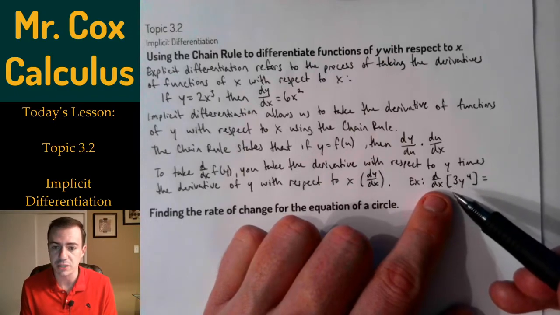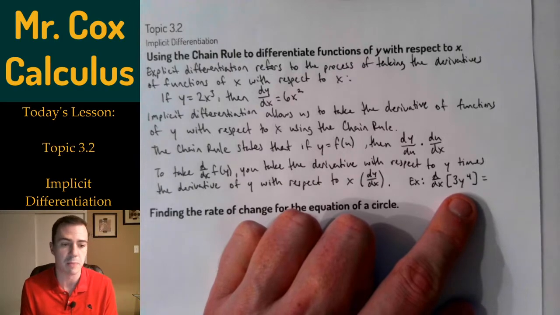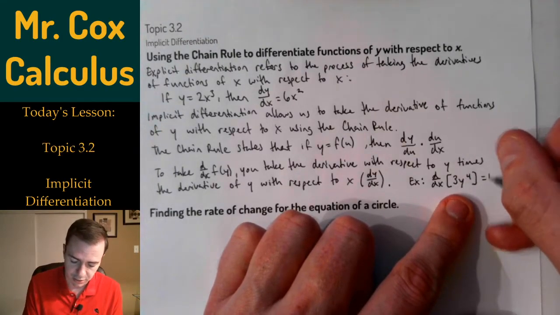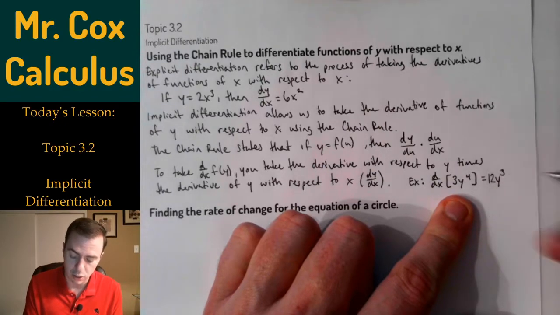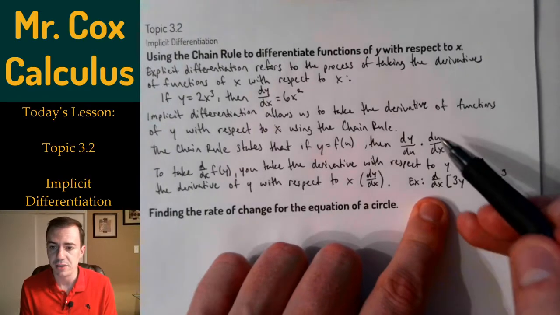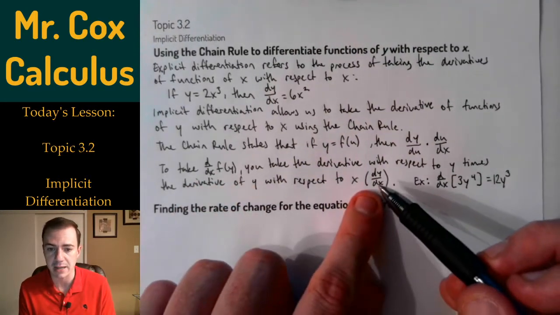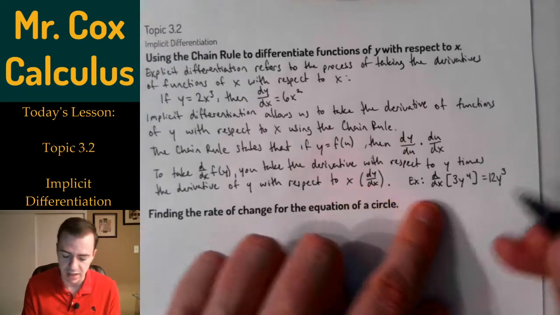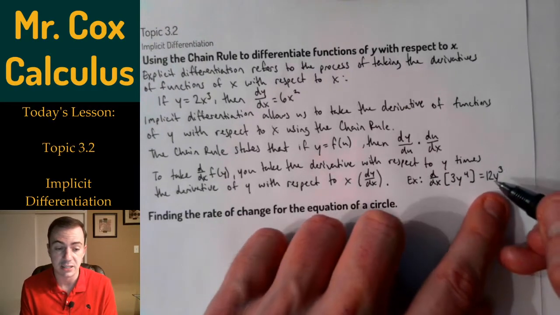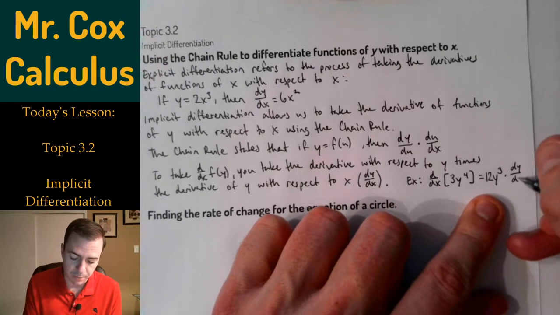What I do first is I take the derivative of 3y to the fourth with respect to y. I'm going to apply my general derivative rules, which is going to say that is 12y cubed. But because I'm differentiating with respect to x, this chain rule part right here says I need to multiply by this dy over dx. So the derivative of 3y to the fourth with respect to x is equal to 12y cubed times dy over dx.